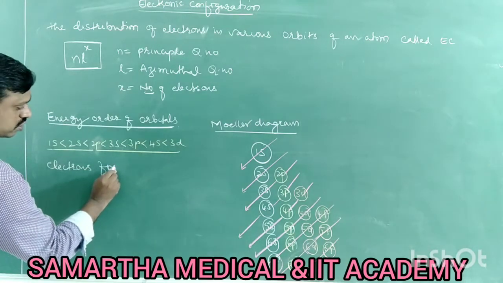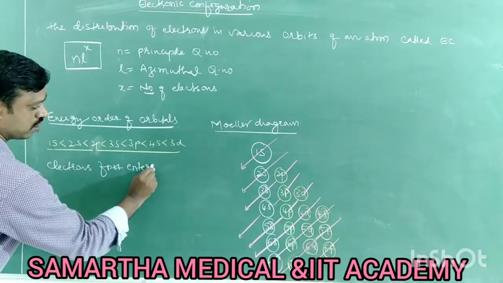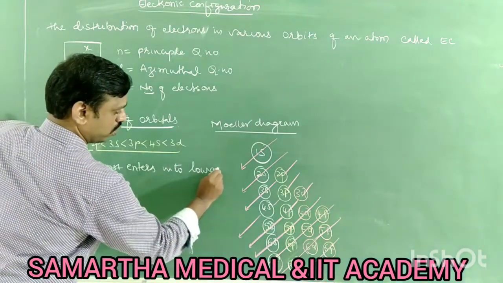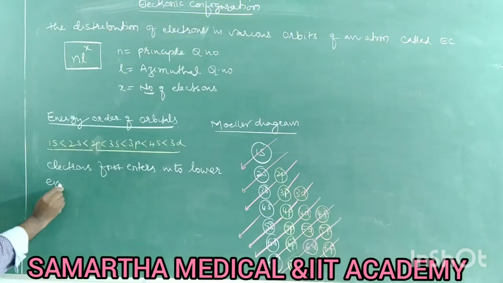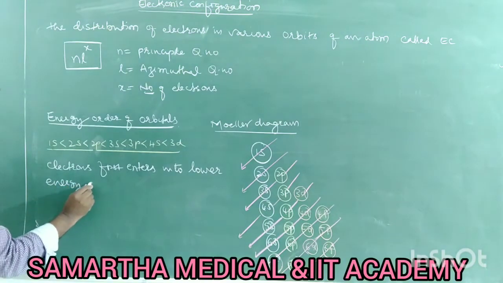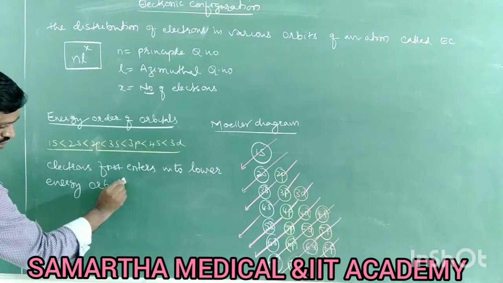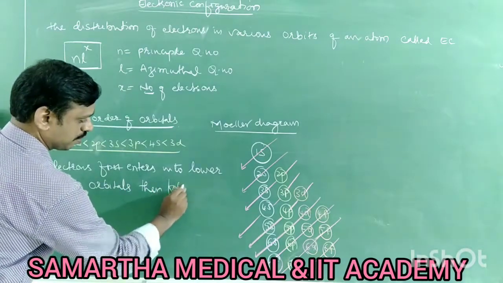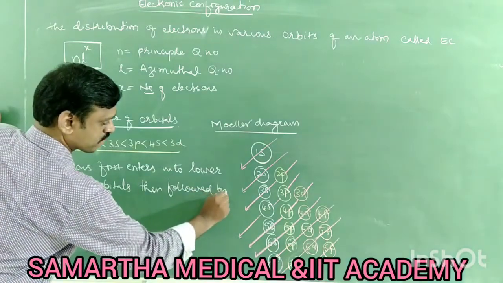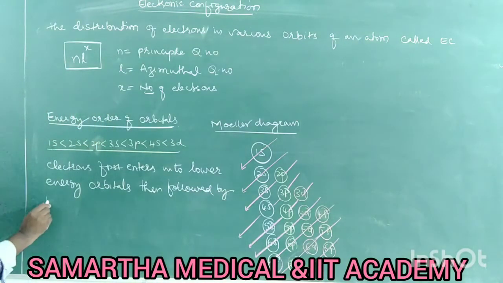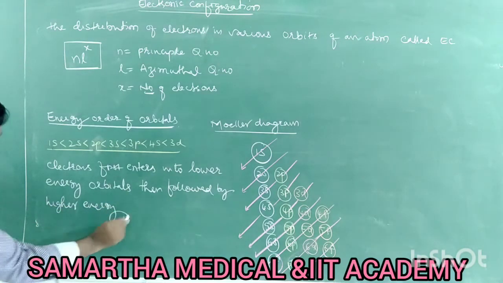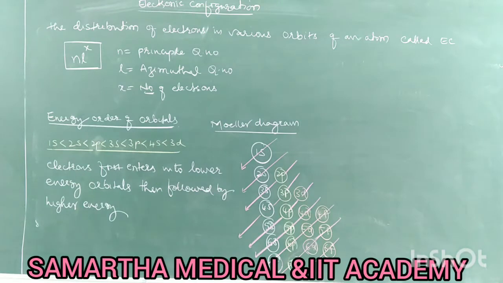Electrons first enter into lower energy orbitals, then followed by higher energy. That means electron always enters low energy.